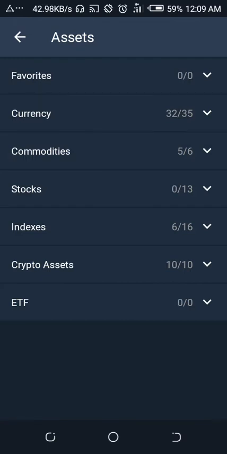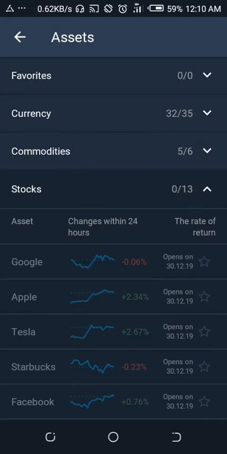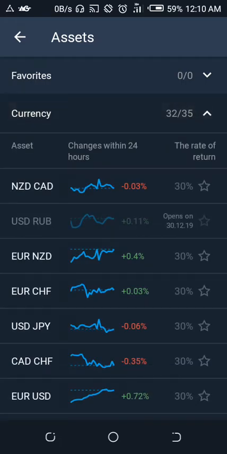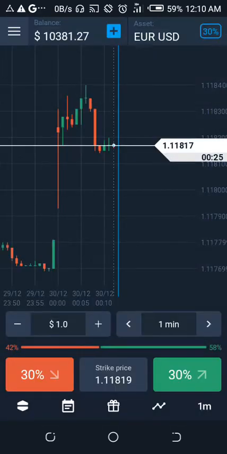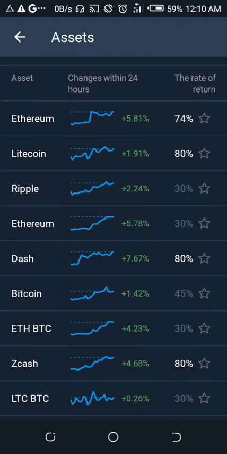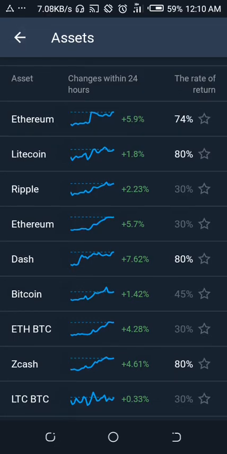Although some people may prefer to trade on the stock, the major ones people normally trade on are currency and crypto assets.